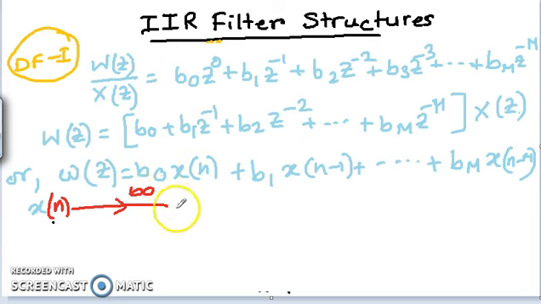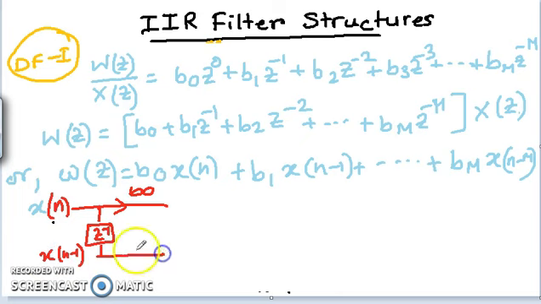This is actually forming b0 x(n), and it is additive with a value with b1 coefficient, after a delay element of the input. So if I put a delay element here, I can get x(n minus 1) here, and this will be multiplied with b1 and added up with the previous element.